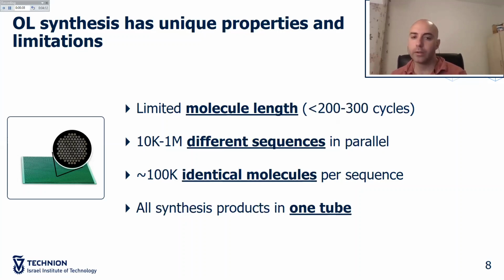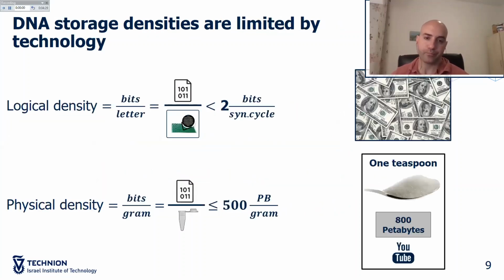And as we saw in the cartoon, each one of the sequences is going to be synthesized in multiple copies. Eventually we get one tube containing all those many molecules containing different sequences together.